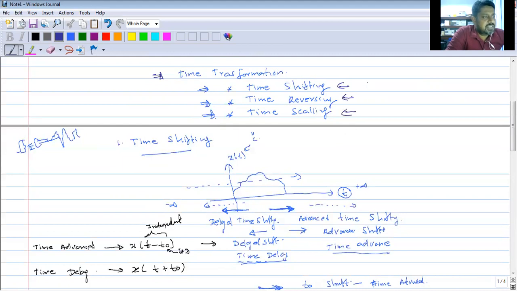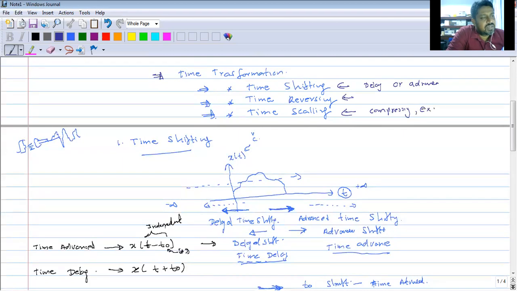In time shifting we have two cases, delay or advance. In time reversing we have only one case. And in time scaling also we have two cases, compressing and expanding.